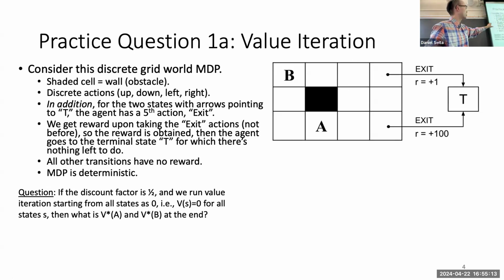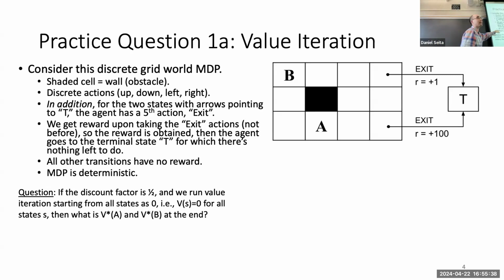So there's no other reward. But once it's there, it can take the exit action. It goes to T, it gets +1 reward. And then the episode is over. All other transitions other than the +1 and the +100 get no rewards, so 0.